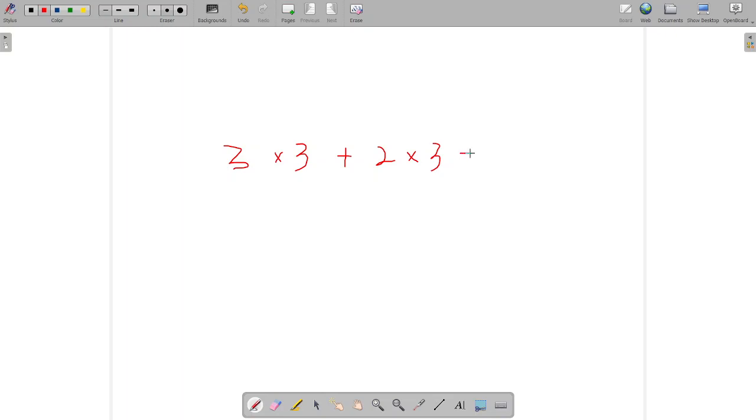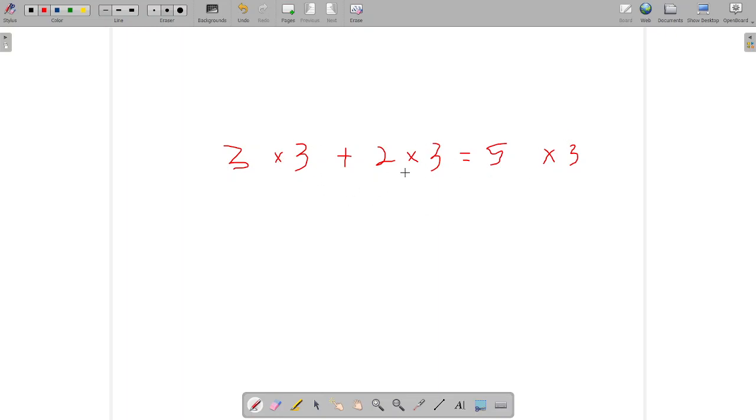Okay. So what happens with these ones? Because it's times by 3, and both of them are being times by 3, so this is times by 3 plus a number times by 3, so the times 3 is still going to be there. And because 3 add 2, that's the same as 5 times 3.